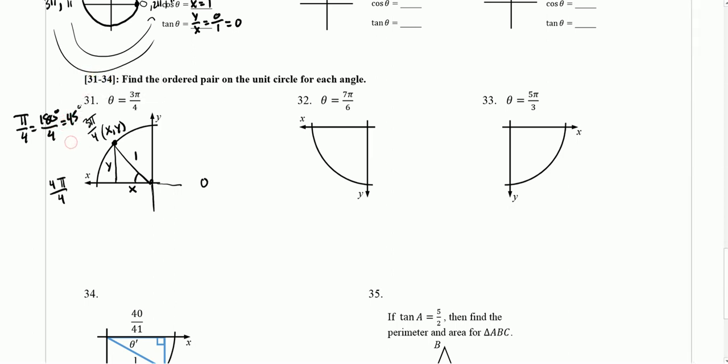So this is a 45, 45, 90. But it's not the one we typically use, because ours, I'll draw the one we use. We usually put 1, 1, and root 2. So this one's a little different because we have to work within the unit circle and have a hypotenuse or radius of 1.